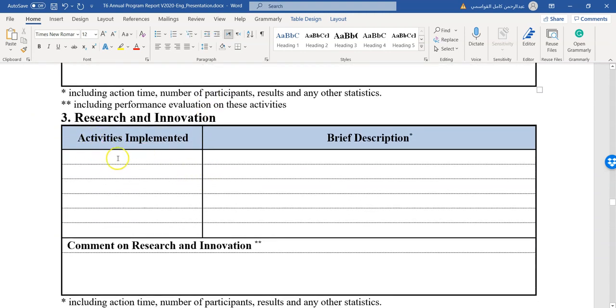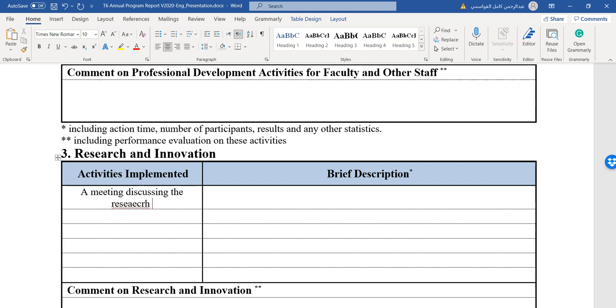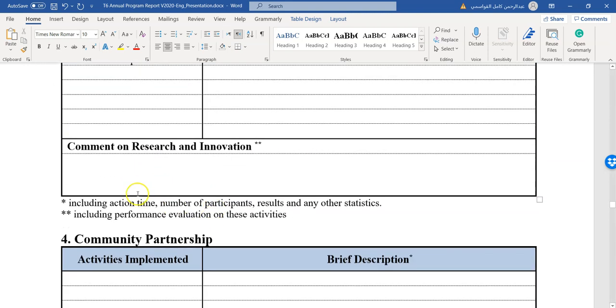Also regarding research, for example, activities implemented regarding research, for example, a meeting discussing the research priorities, and this is the description here, and comments here.